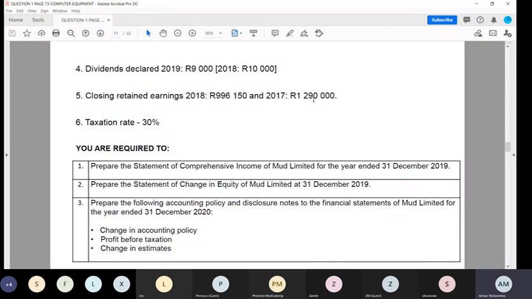Also, you should be able to see which information is provided and which information is missing, so you can solve for X. Here we're given closing retained earnings for 2018 as well as 2017, and our year end is 2019. That means we need to calculate the closing retained earnings for 2019. Tax rate is 30%.